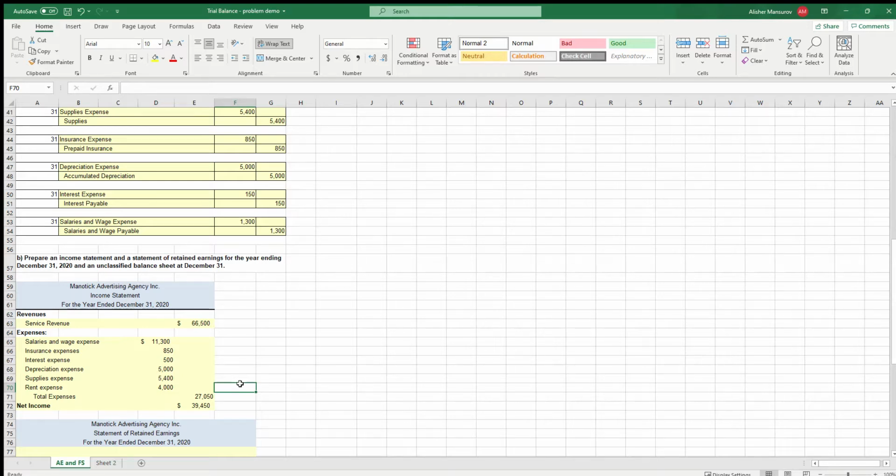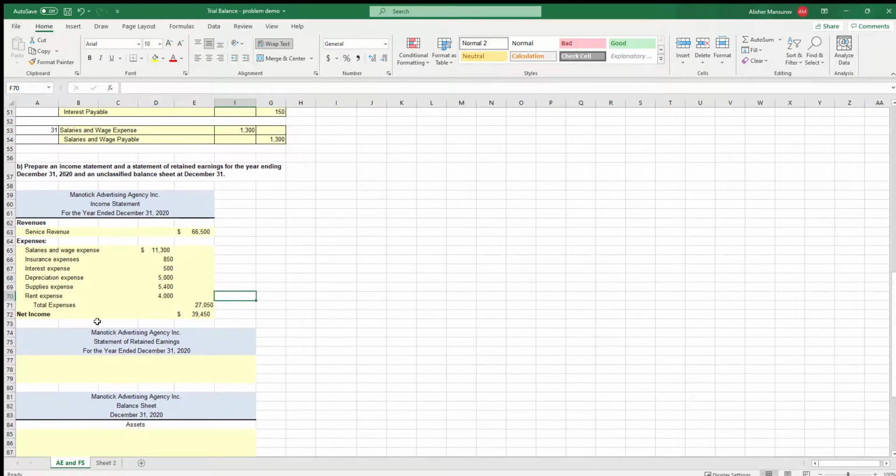So in terms of financial performance, it looks like the company made almost $40,000, $39,450.